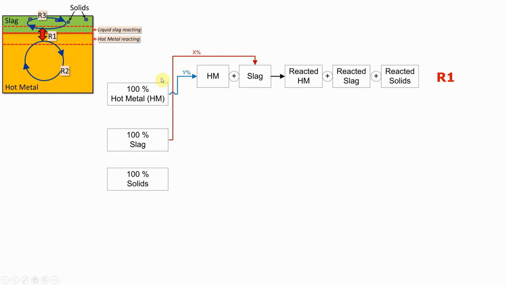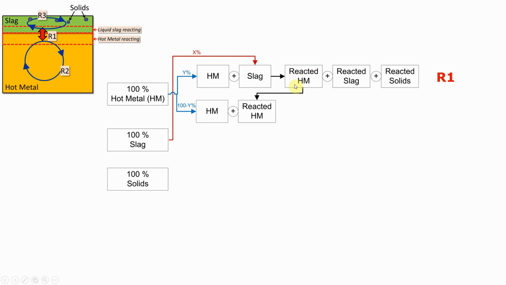In reaction 2, here, let's look at our scheme. The hot metal is homogenized. So we take the remaining hot metal here. So we have Y that goes here. So there will be 100 minus Y% going into the second reaction, the remaining unused hot metal. And then we homogenize it with the reacted hot metal from R1.